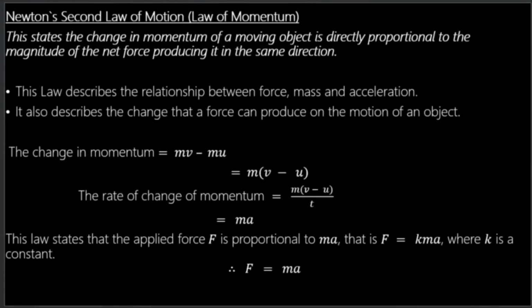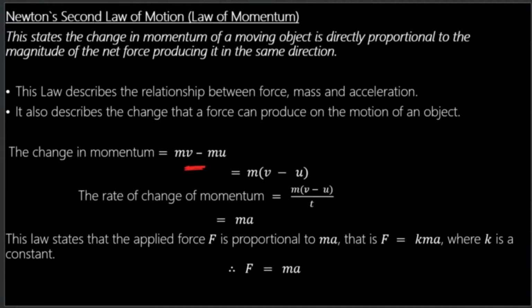The momentum will change from initial to final. So with the change in momentum, this is the formula right here. The change in momentum of a moving object is proportional to the magnitude of the force producing it. The formula for calculating momentum is mass times velocity, so the change in momentum is going to be mv minus mu.